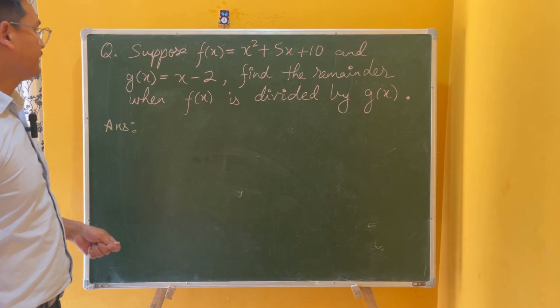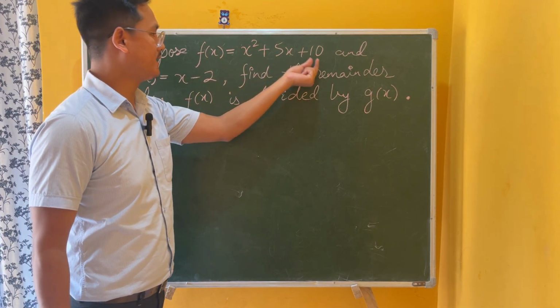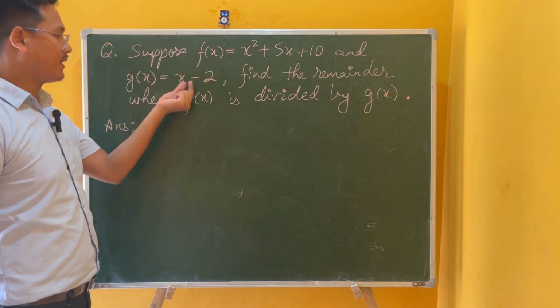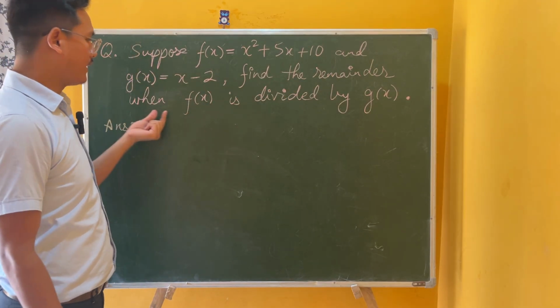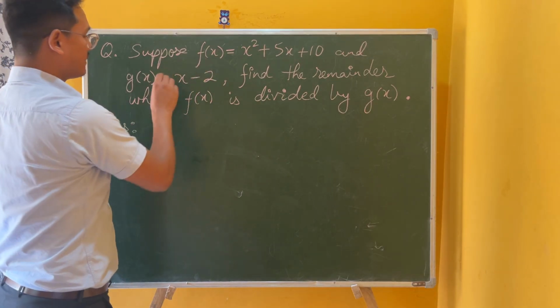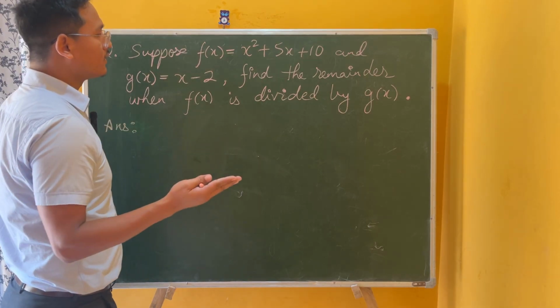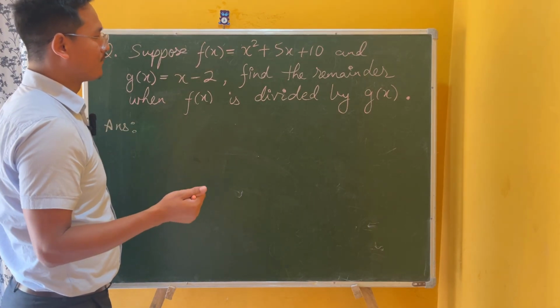So we have a question. Suppose f(x) equals x square plus 5x plus 10 and g(x) is x minus 2. Find the remainder when f(x) is divided by g(x). f(x) and g(x) are nothing but polynomials. Okay. So you just saw what a polynomial looks like. Okay.